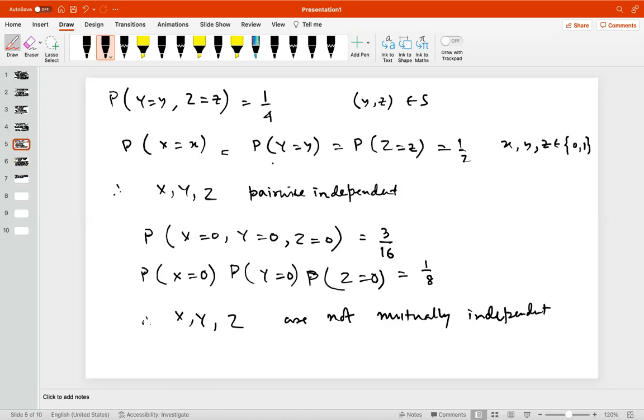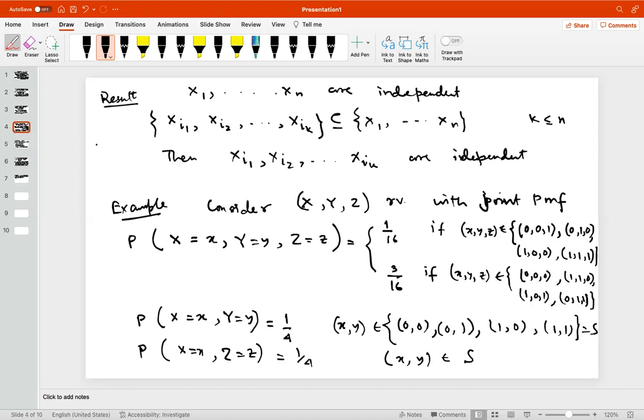The probability of x equal to 0 is half, probability x equal to 1 is half. Probability of y equal to 0 is half, probability of y equal to 1 is half. Probability of z equal to 0 is half, probability of z equal to 1 is half. That means x, y, z are identically distributed. They have the same distribution. But not x equal to y. X may not be equal to y because there is a probability that x is not equal to y.